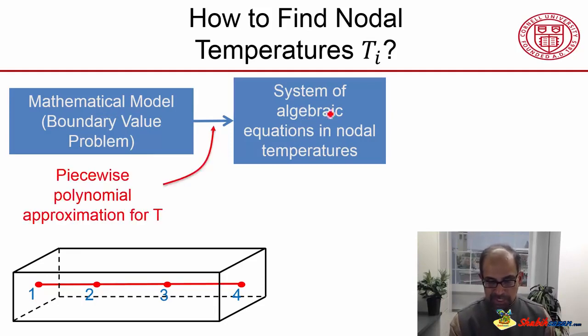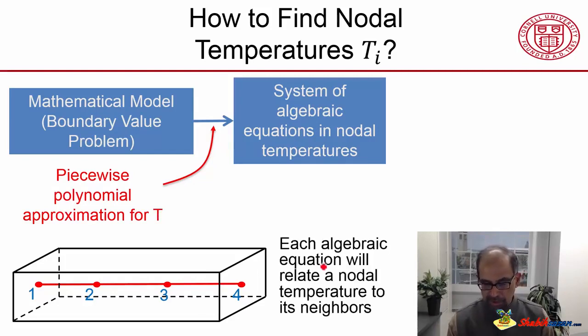And you derive that system of algebraic equations using the piecewise polynomial approximation for temperature that we saw previously. And each equation will relate the nodal temperature to its neighbors. It's going to be a linear equation, and so for instance, if I write the equation at this node, it'll relate the temperature T2 to T1 and T3.